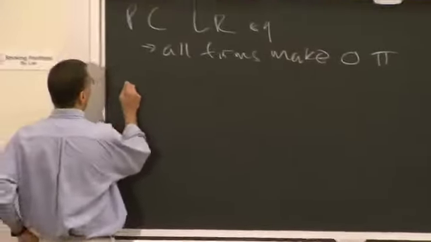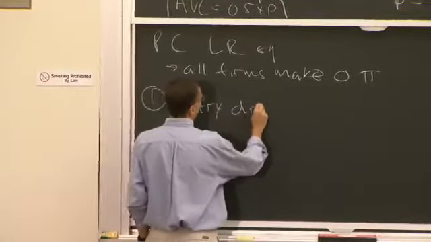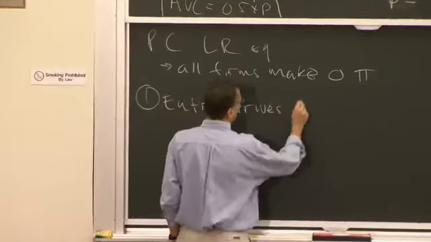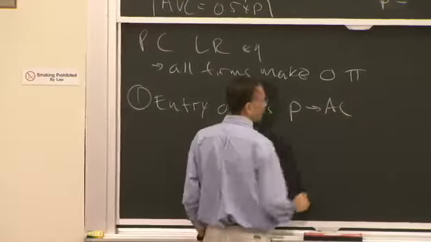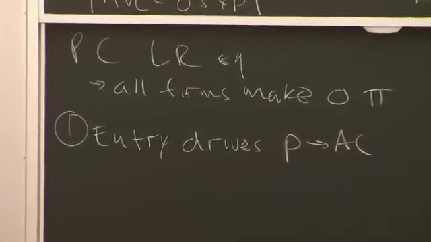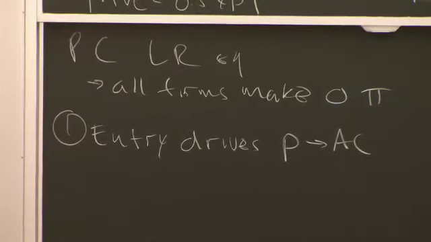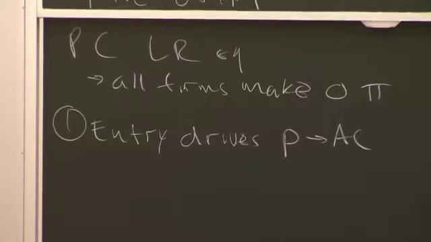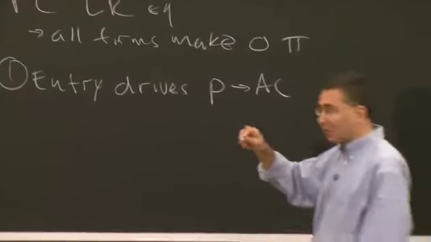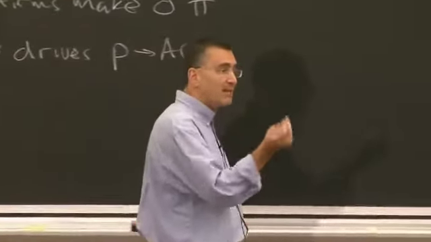So in the long run, firms make zero profit because, first of all, entry drives price down to average cost. And when price equals average cost, profits are zero. Profits are zero when price equals average cost because profits are PQ minus C. So if you divide by Q, profits are P minus average cost.